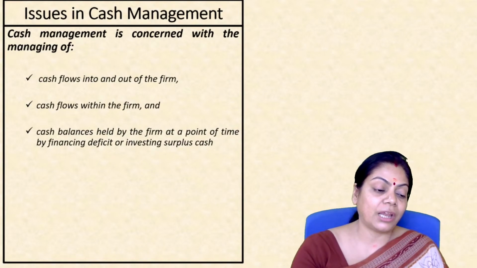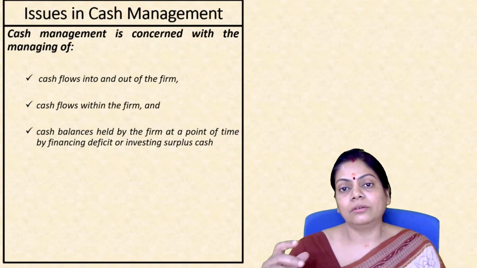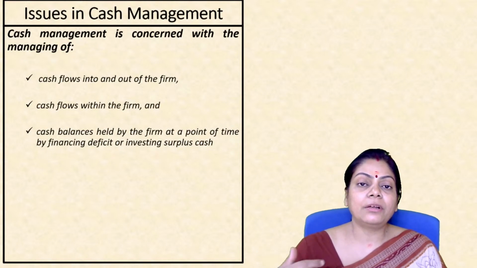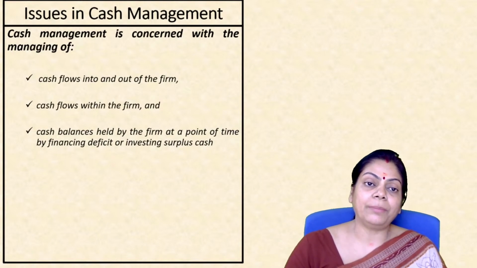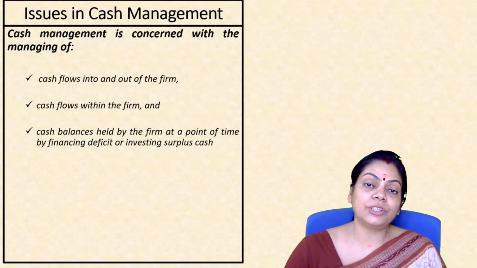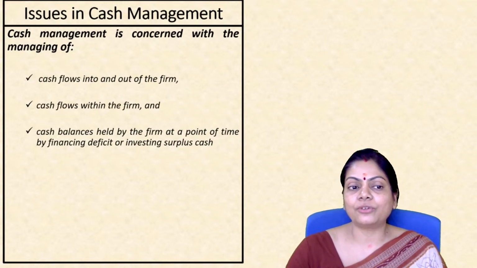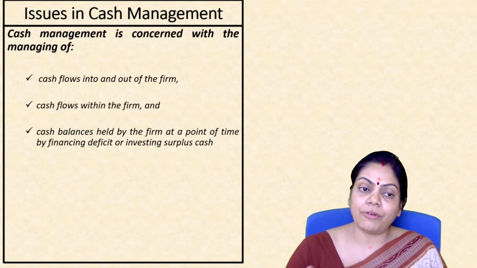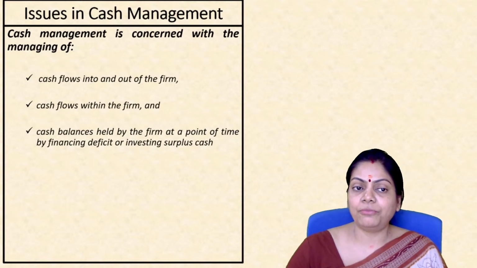For example, if the marketing department comes up with a big campaign to increase the volume of sales, then they require a huge amount of expenditure to go through the campaign. So obviously you have to transfer some amount of cash. That is called the flow within the firm. Likewise, there could be several examples of cash flow within the firm.